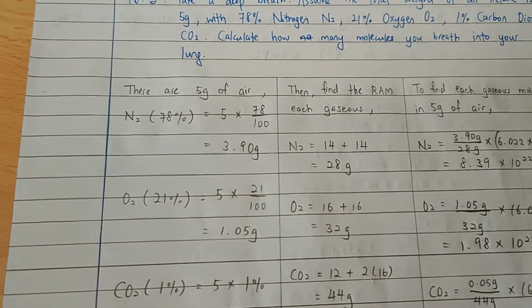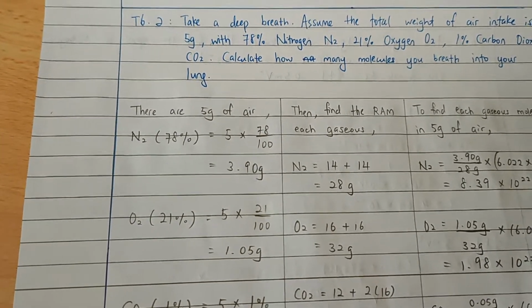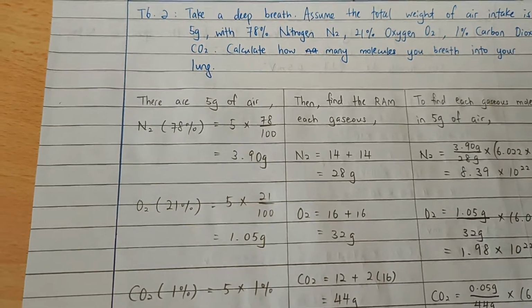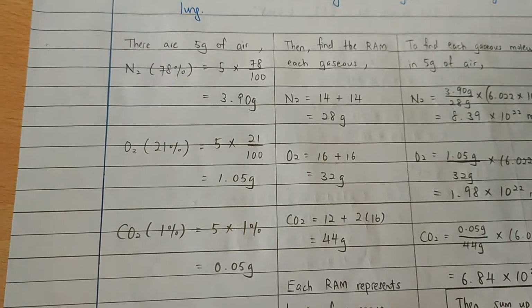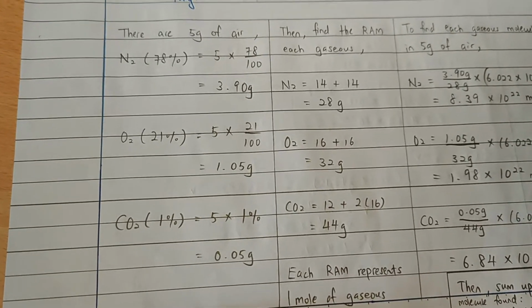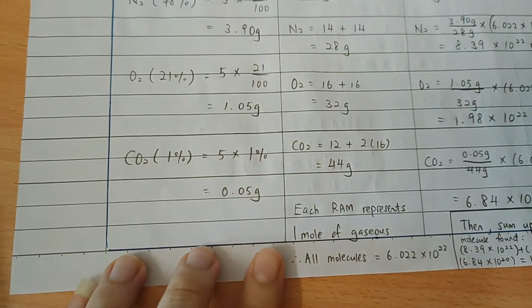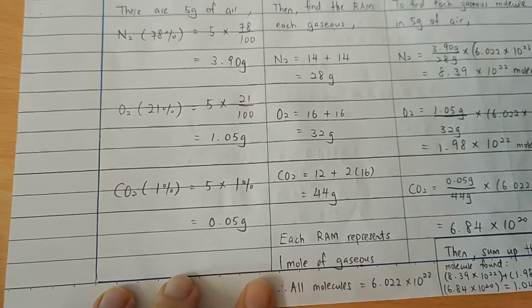For nitrogen, we will find the 78% of 5 grams, which is 3.9 grams, and for oxygen, we have to find the 21% of 5 grams, which is 1.05 grams. And for carbon dioxide, we have to find 1% of 5 grams, which is 0.05 grams.